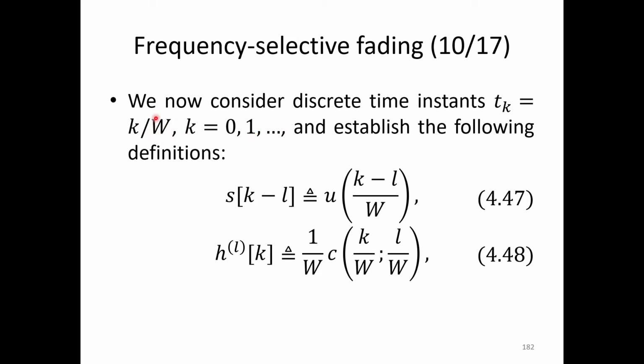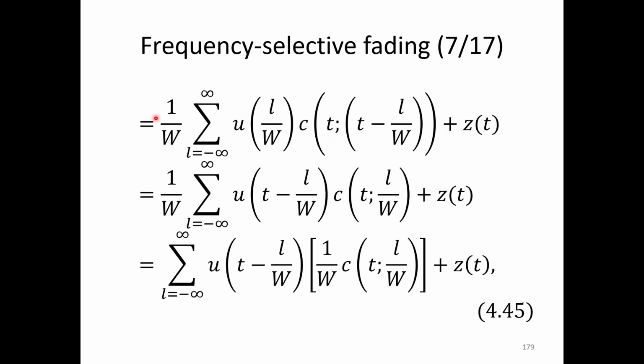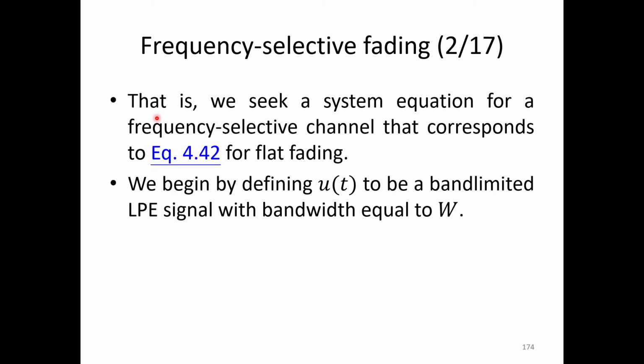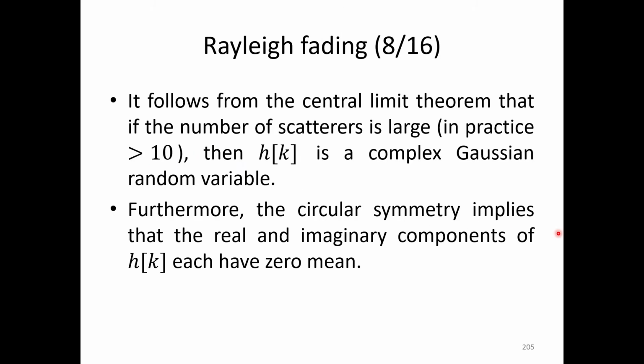Okay, U of t is a band-limited LPE signal with bandwidth equal to W. Okay, and what is F?